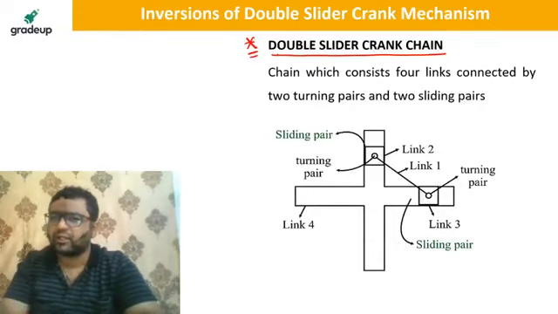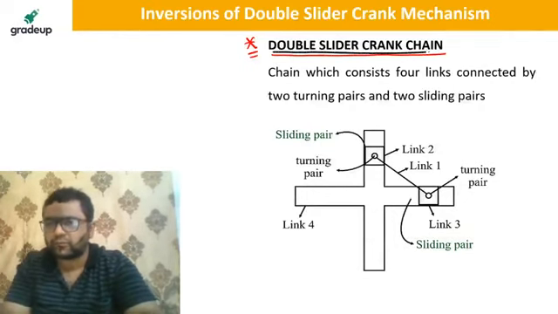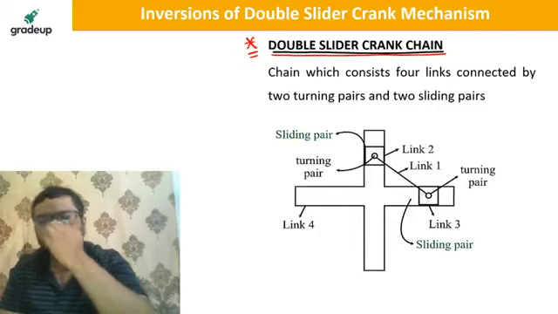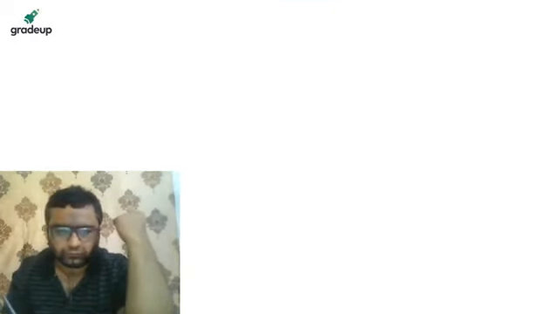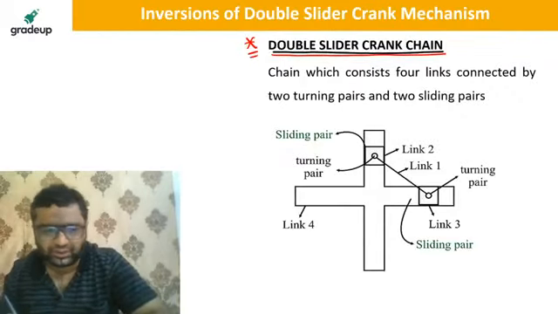So this is the double slider crank chain, as I showed you before. Now we are going to see the inversions.